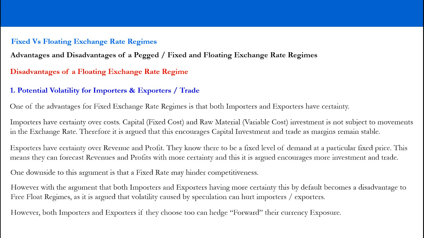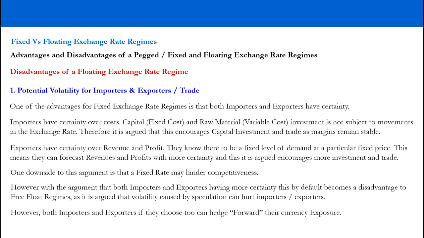So, for example, let's say you're an importer and you have fixed capital costs at a fixed exchange rate, and your raw material costs are fixed, and you make a fixed margin, and everything is very sustainable and very predictable because the exchange rate is fixed. Well, that allows you as an importer to scale your business to unprecedented levels, and to do that without any competition.